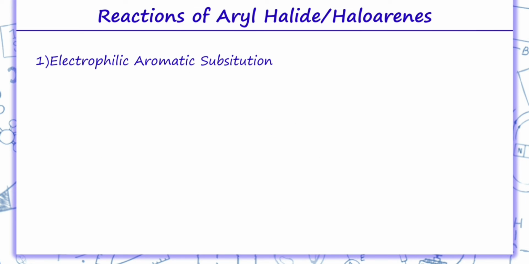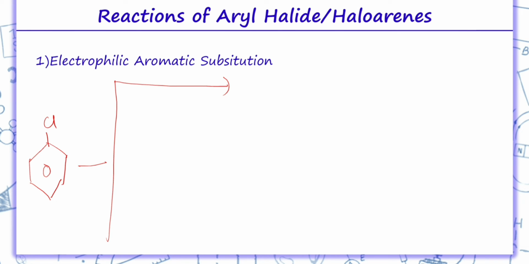Starting with electrophilic aromatic substitution, we have chlorobenzene. As the chlorine group is attached to the benzene, these halogens are basically weakly deactivating groups, so they are ortho-para directing. Suppose we are performing halogenation with Cl2.